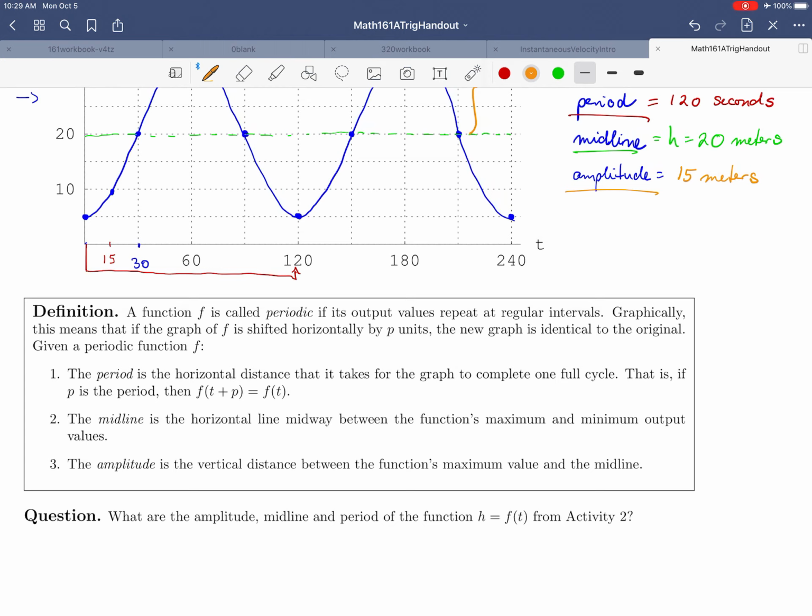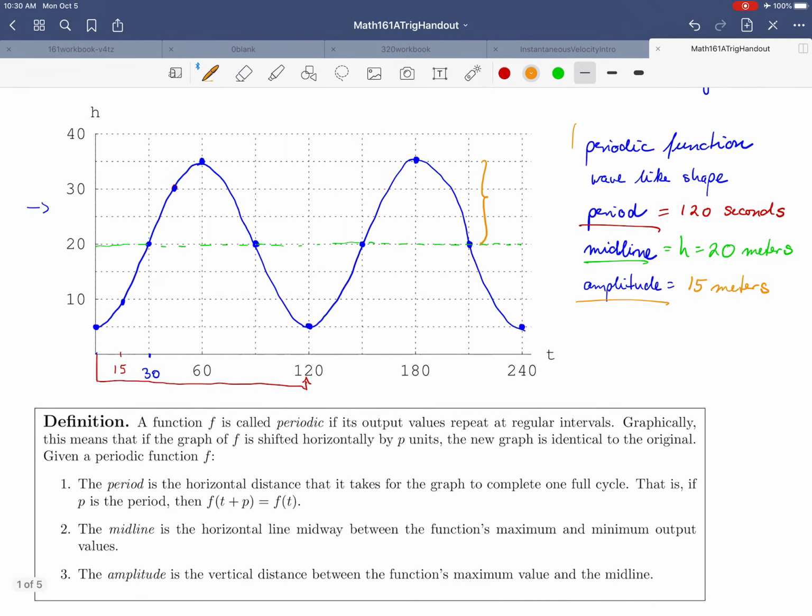That is, if p is a period, then f of t plus p is f of t, because every p units we are going through the same cycle. The midline is the horizontal line midway between the function's maximum and minimum output values, and the amplitude is the vertical distance between the function's maximum value and the midline. So we already answered the questions posed below the box up here to the right of our graph.